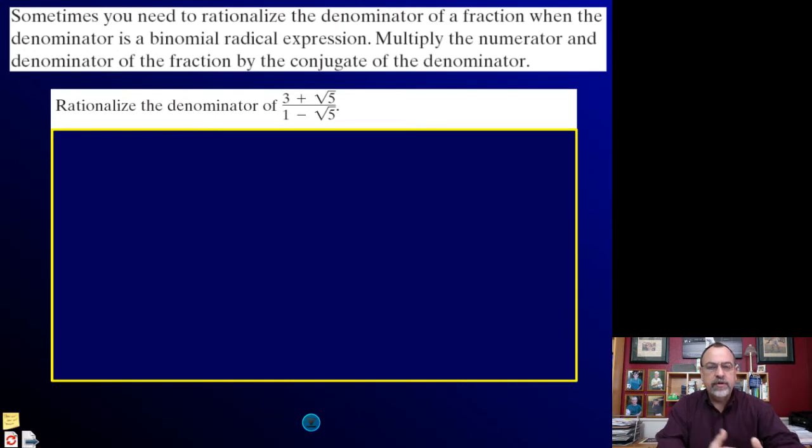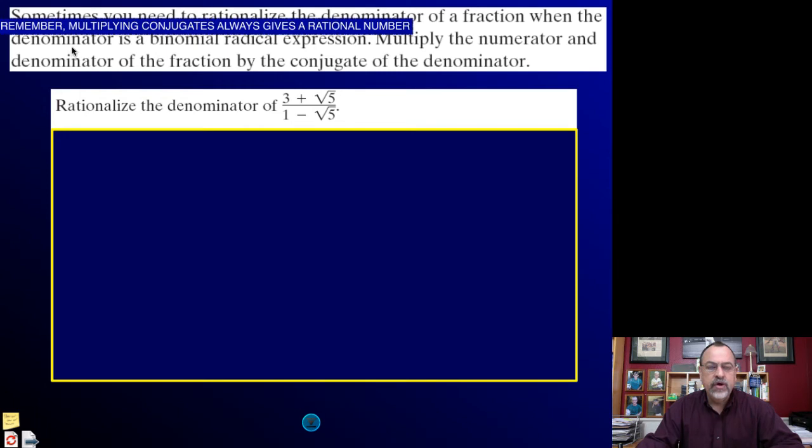And you remember from our discussion in the previous lesson, when we were multiplying conjugates of these binomial radical expressions, that multiplication of conjugates always produced a rational number. So we're going to use that knowledge then to apply that to the division. And so in order to rationalize this denominator with a binomial expression, we're going to multiply the numerator and the denominator by the conjugate of this denominator.